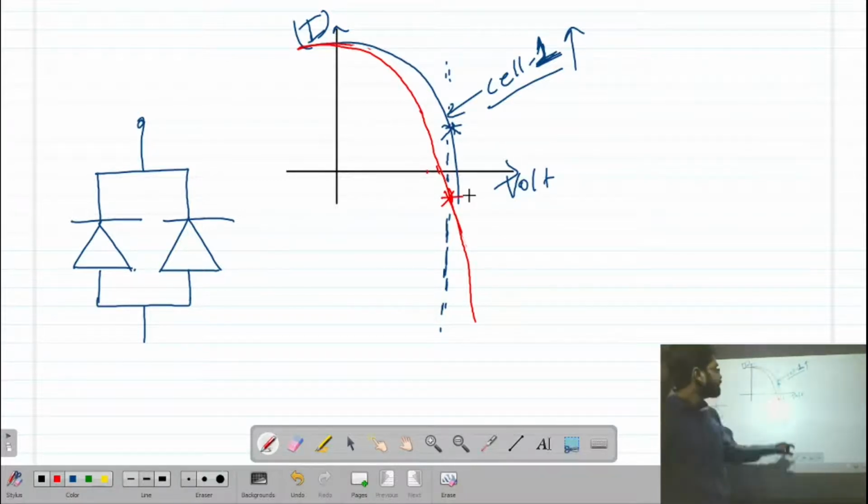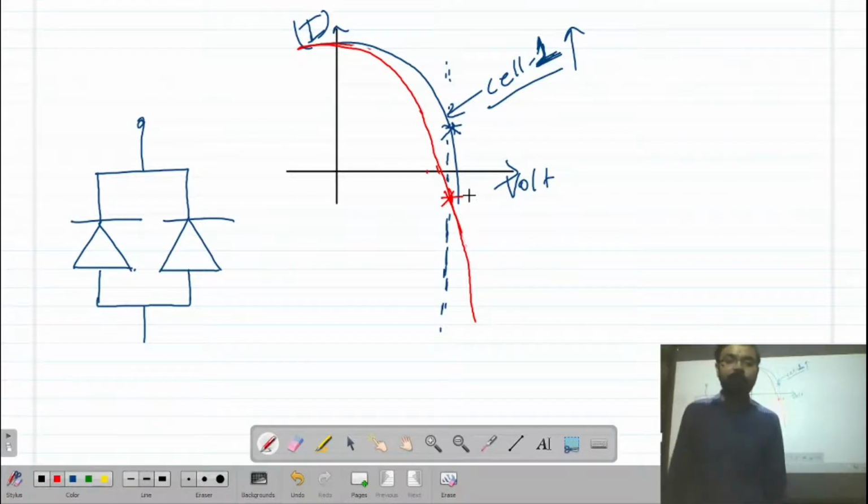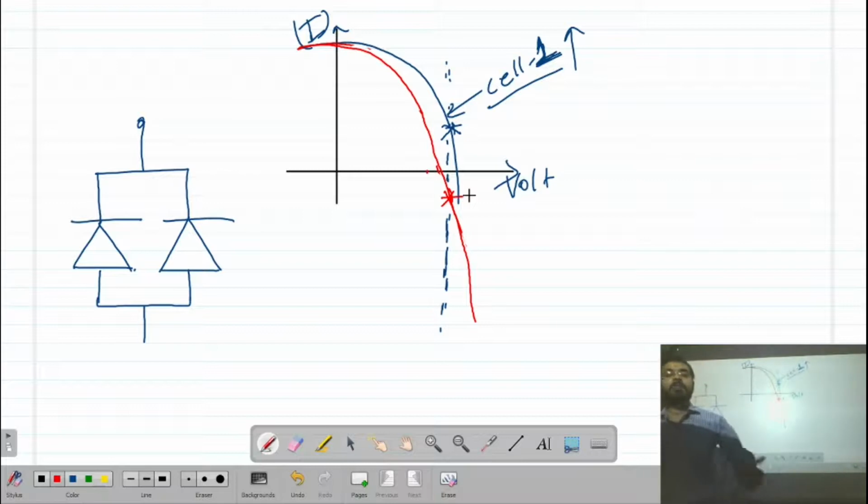Why? Because cell 1 is generating more voltage, one of the cells will be more towards the forward bias region as compared to the other cell. Now this will deviate the operating point of the whole system.